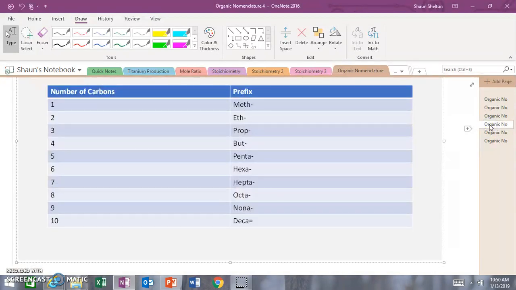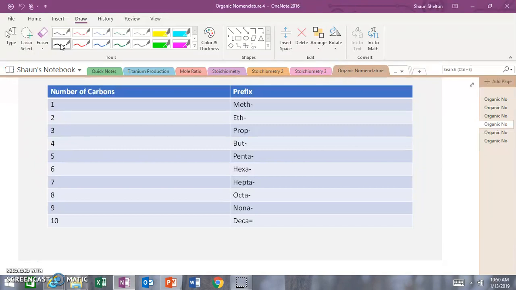Now, as far as the prefixes are concerned, we have 10 different prefixes we're going to focus on in this video, and they're listed in this table here. So I would suggest you at least make sure you remember these and the number of carbons. So when we talk about methane, we are referring to the fact that there's one carbon present in that molecule.